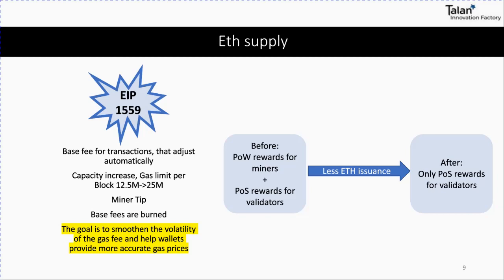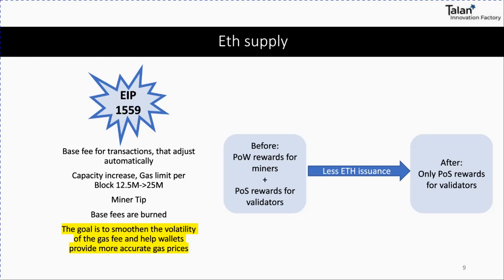Before, we just had Ether created, and the issue with the network is that sometimes, when there is a lot of activity, there is no way to have your transactions processed except by adding a lot of fees, and these fees are just random.